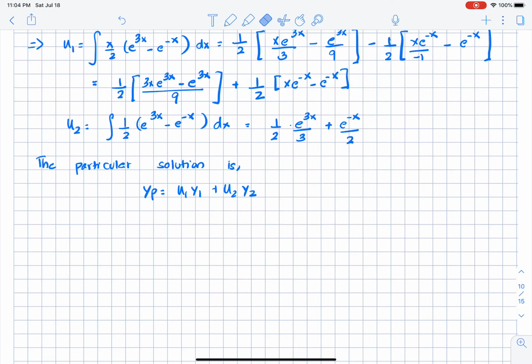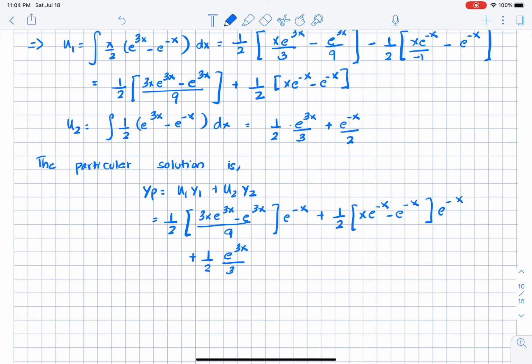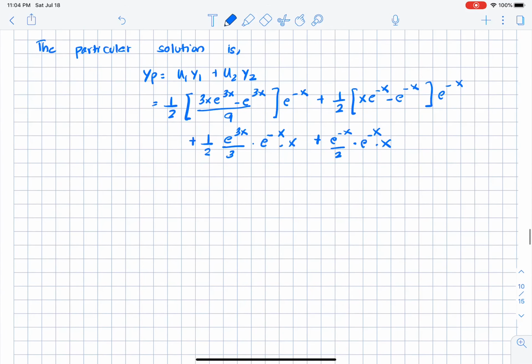So we have 1/2 [3x e^(3x) minus e^(3x)]/9 multiplied by e^(-x) plus 1/2 x e^(-x) minus e^(-x) multiplied by e^(-x) plus 1/2, this would be u2, e^(3x)/3 multiplied by e^(-x) times x plus e^(-x)/2 multiplied by e^(-x) times x, because y2 is x e^(-x).